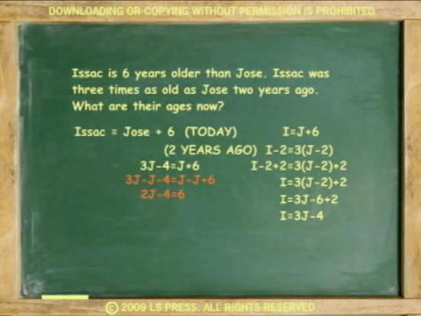Subtract J and add 4 to both sides. Combine. Divide. Jose is 5. If today Jose equals 5, then Isaac equals 5 plus 6 equals 11.